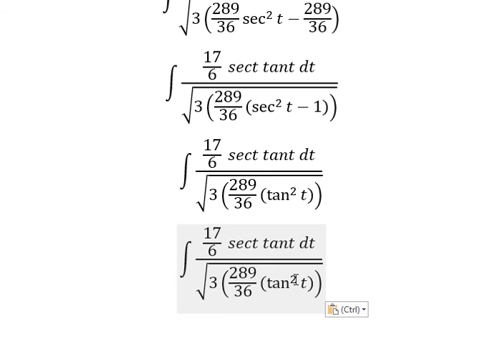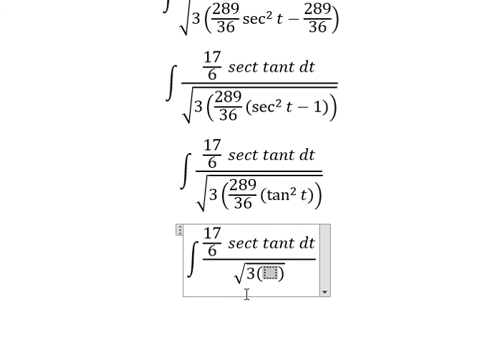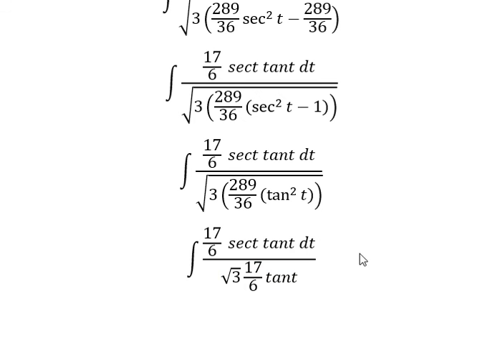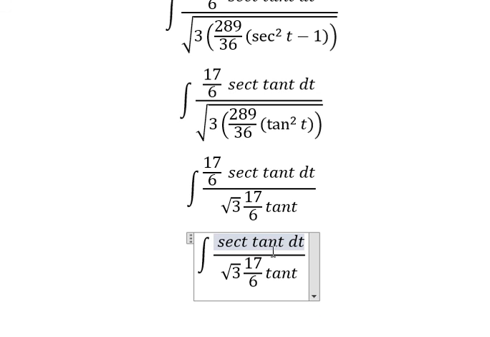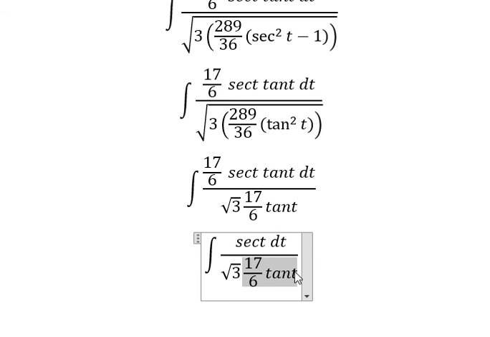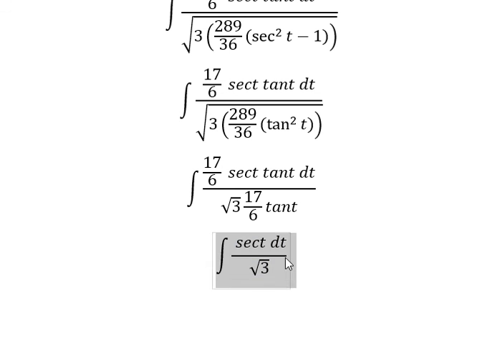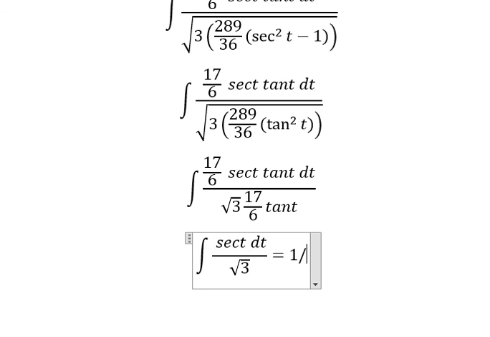The square root of this one, you will get 17 over 6 tan t. We simplify 17 over 6 tan t on numerator and denominator. And this integration, we got a final answer.